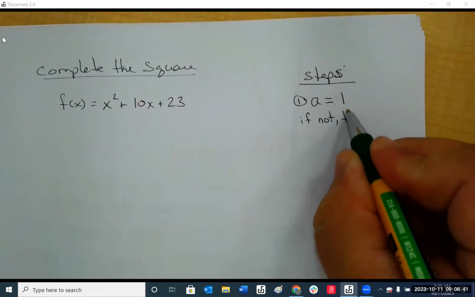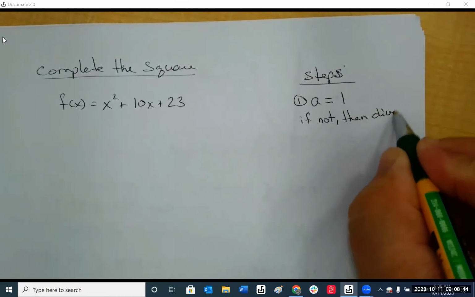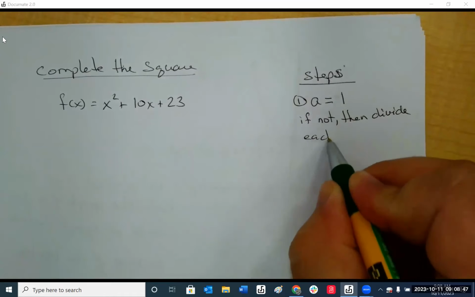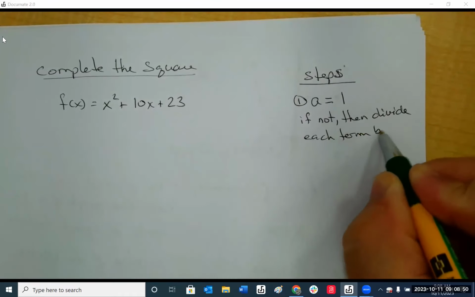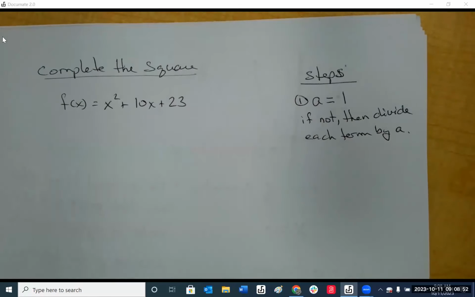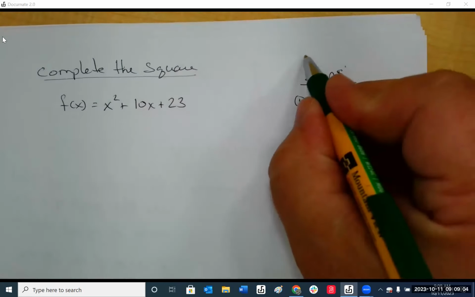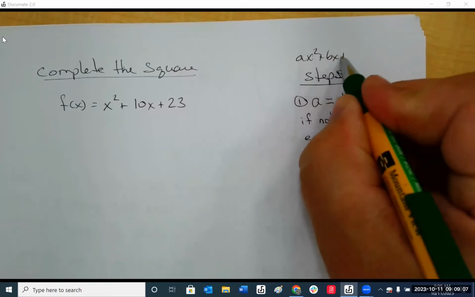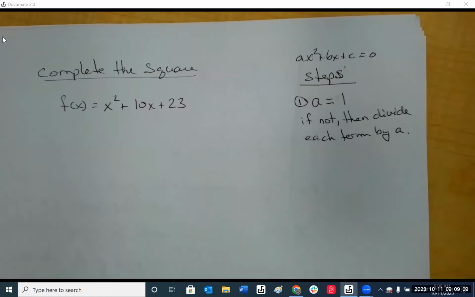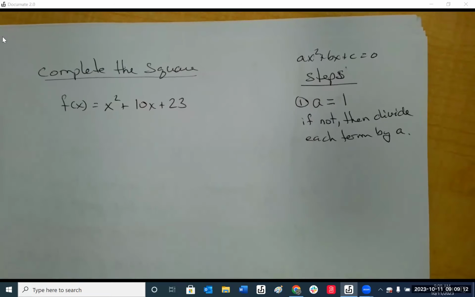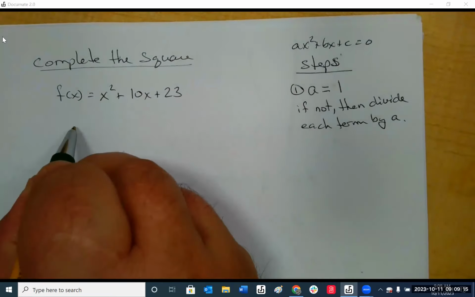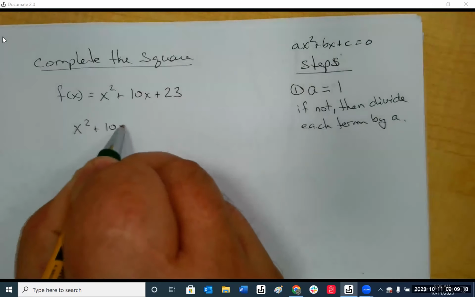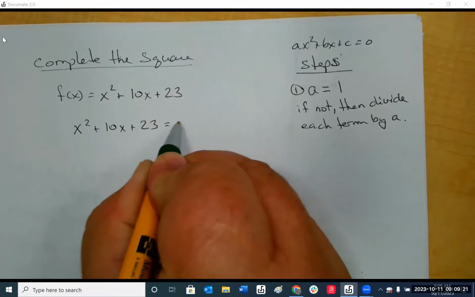If not, then divide each term by A. Remember, all of these, we have to have our equation set equal to 0. So we have x squared plus 10x plus 23 equals 0.